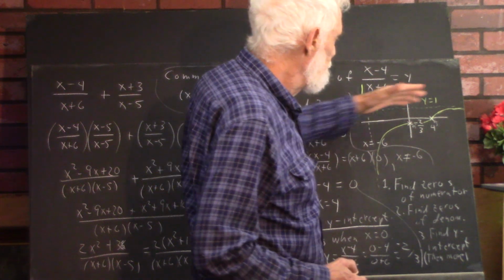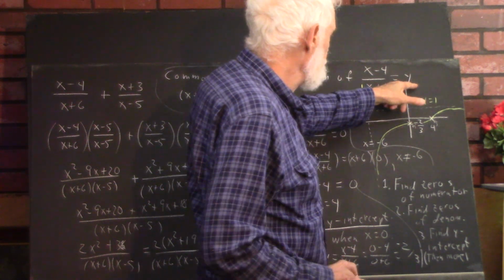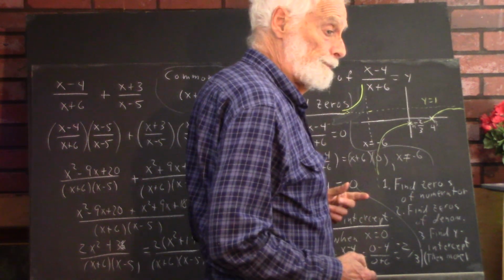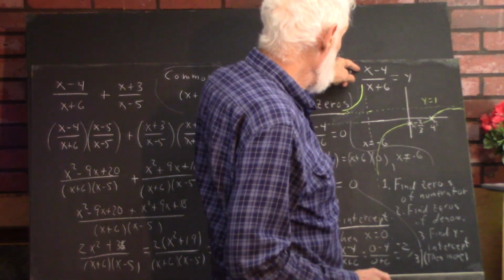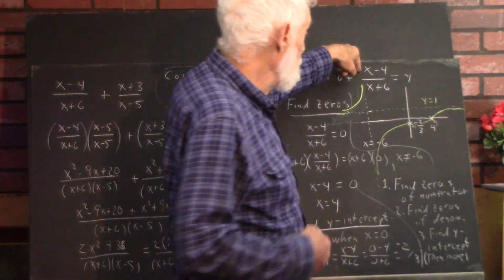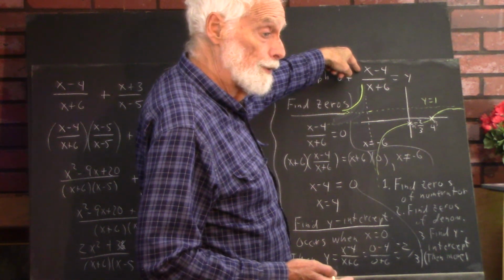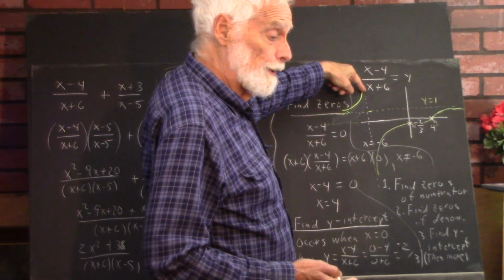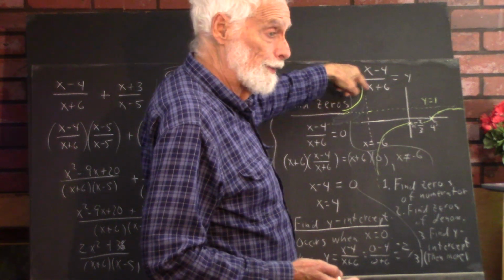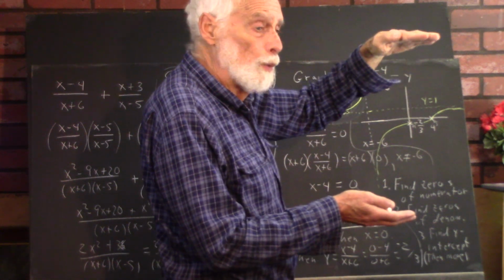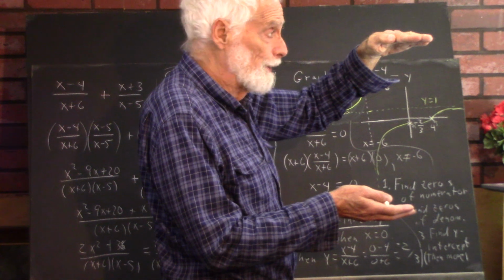When x starts getting big, y starts getting close to 1. I use the example, if x is 1,000, x minus 4 is 1,000 minus 4, which is 996. X plus 6 is 1,006. Now, here's 1,000. Where's 1,006?